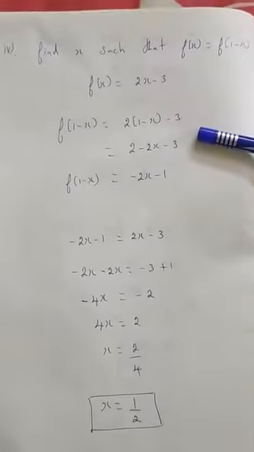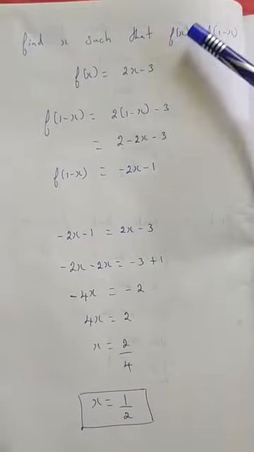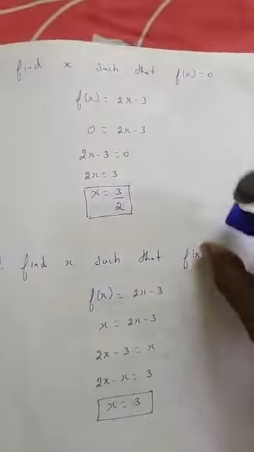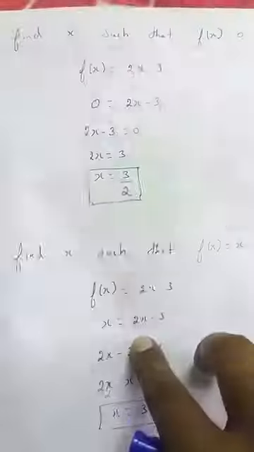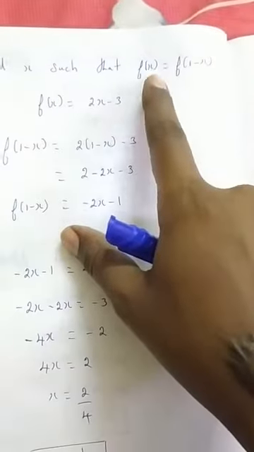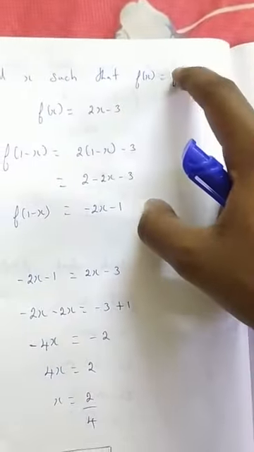The only difference is that in our previous two subdivisions, f of x is 0 and f of x is x. So we directly substitute this 0 and x in the place of f of x, and we found out the value for x. But here the question is f of x is equal to f of 1 minus x, which means this f of 1 minus x is also a function.